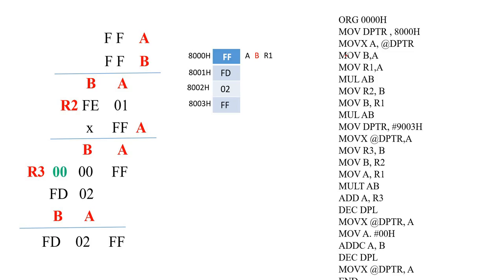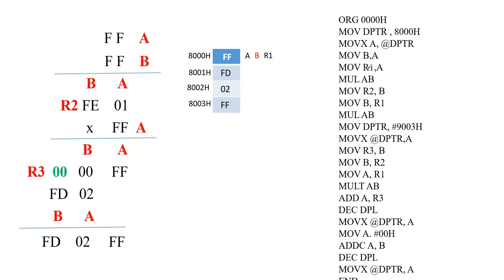So what we'll do is keep a copy of FF from the accumulator into some other general purpose register, say R1. For that I have used the MOV R1, A instruction, where it will copy the contents of A to R1 for further use.